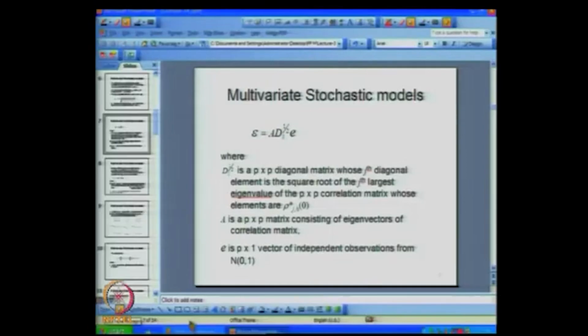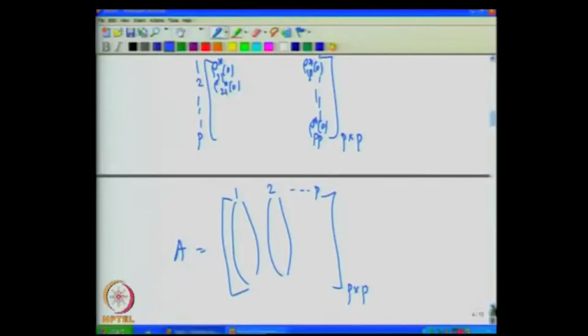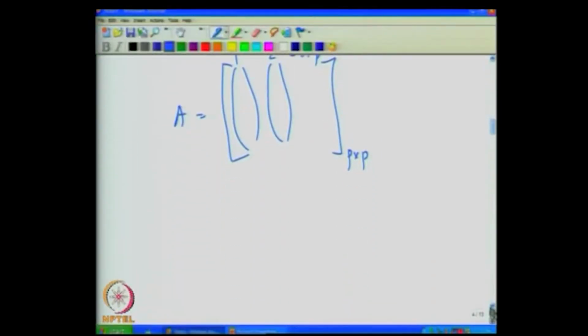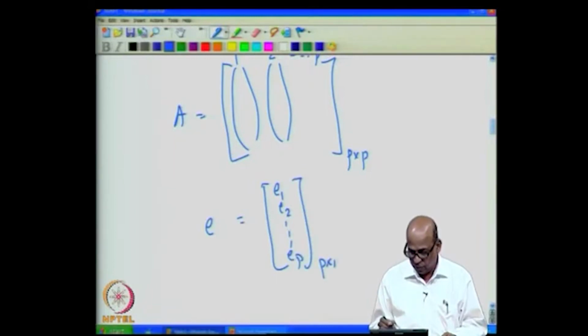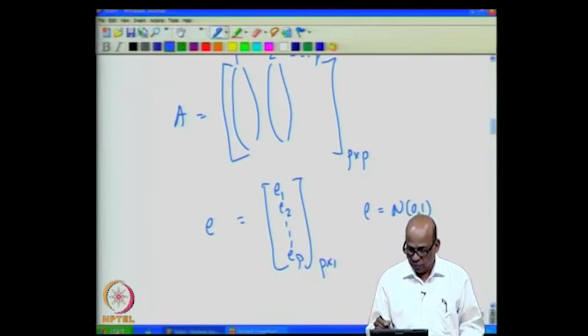We will write it on a separate sheet. So, E is, now I define this as E 1, E 2, E 3, etcetera, E p. So, this is the p by 1 matrix. What are all these? These are N(0, 1), that is standard normal deviates. So, you can just generate these from the normal distribution.